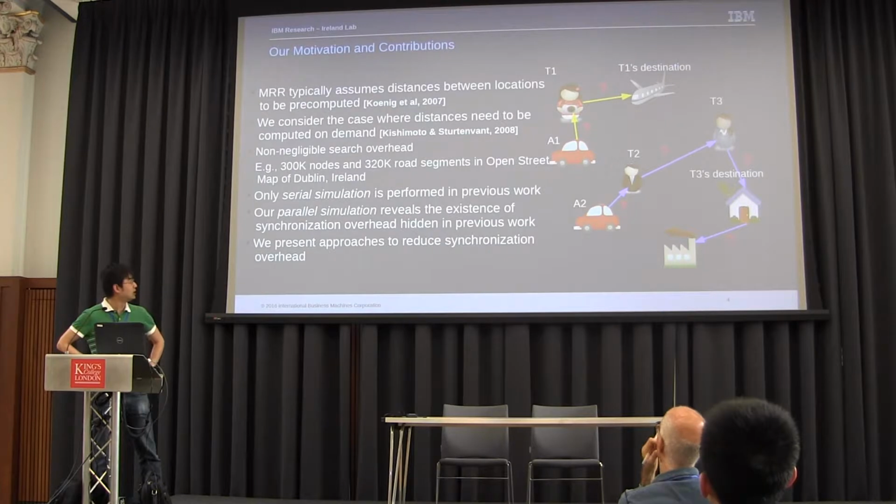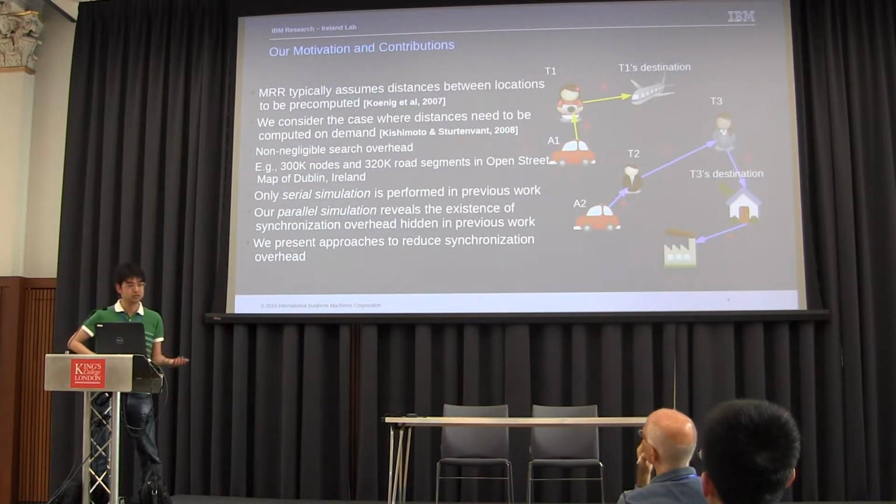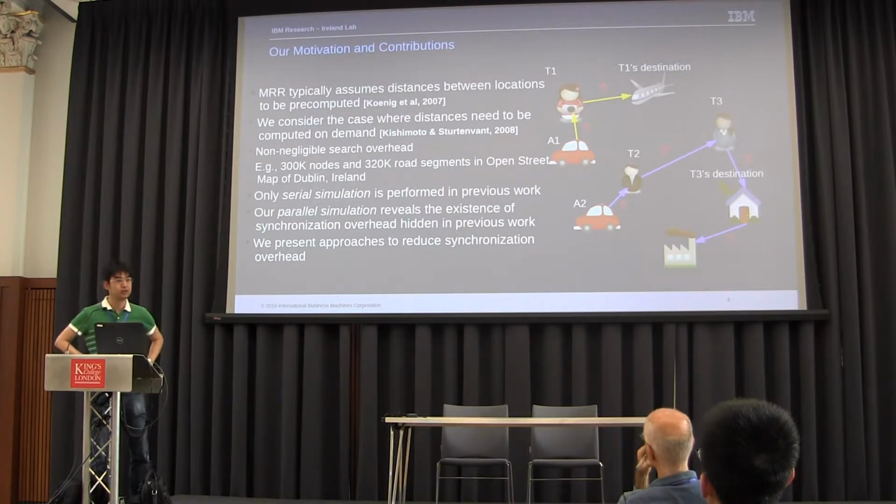But on the other hand, we try to perform a parallel simulation by using a set of machines where each agent corresponds to each CPU core, so that each agent can calculate the distance or location on demand in parallel.